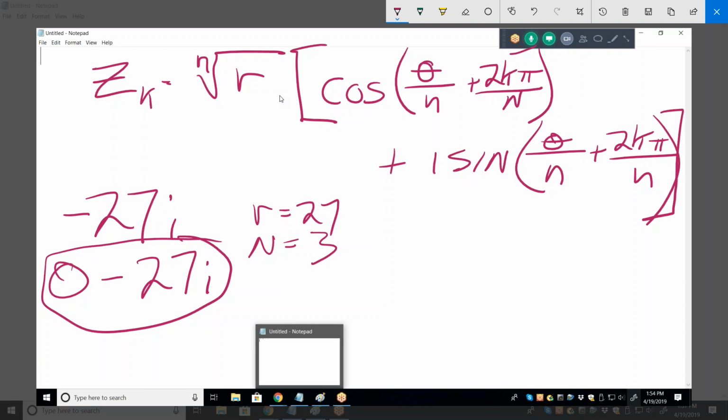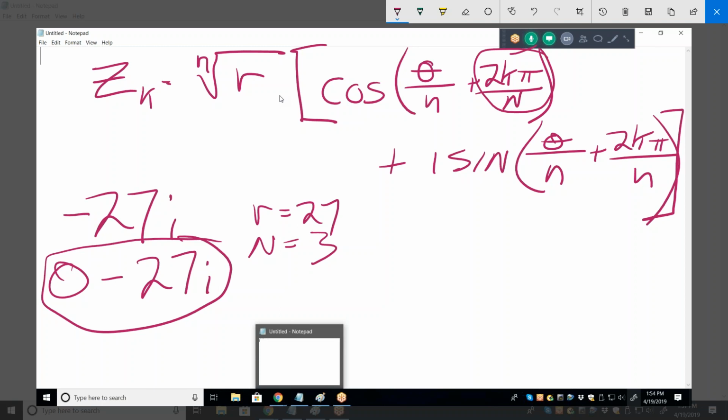But it's an integer. It's not a fraction. In other words, it's 1, 2, 3, 4, 5, 6. Do we start with 0 and go to 1, 2? Start with negative infinity. In other words, k can be negative 1, negative 2, negative 3, negative 4. Notice that when k is any integer, the cosine of theta over n is the same.